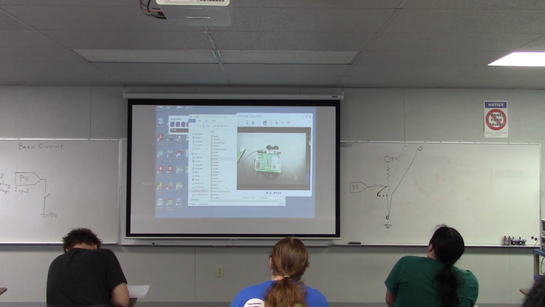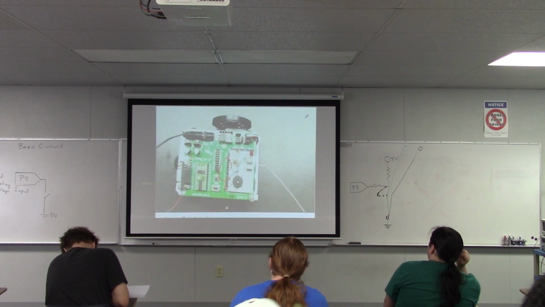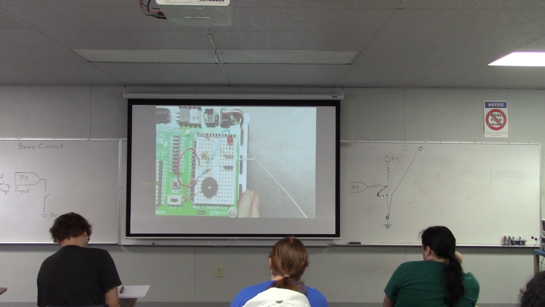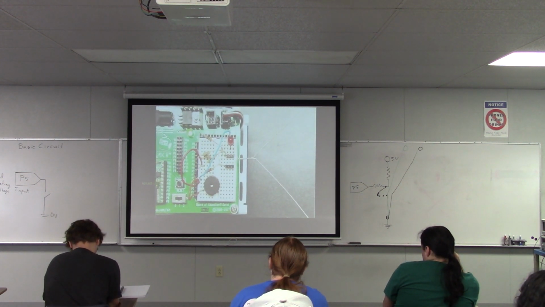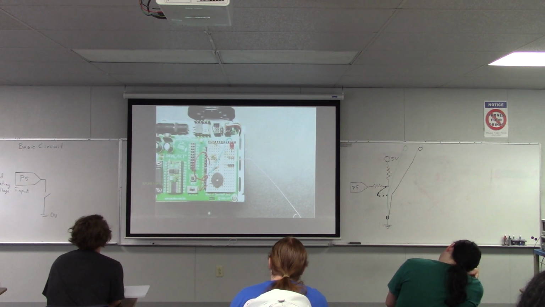Here you can see kind of a closer view of the chassis, and hopefully you can see what I was talking about there.